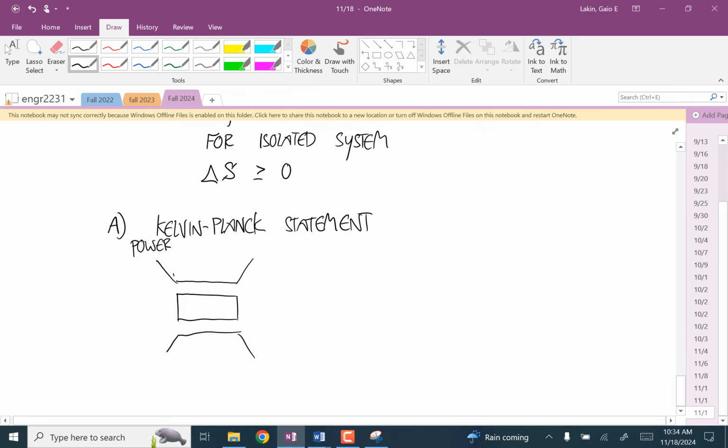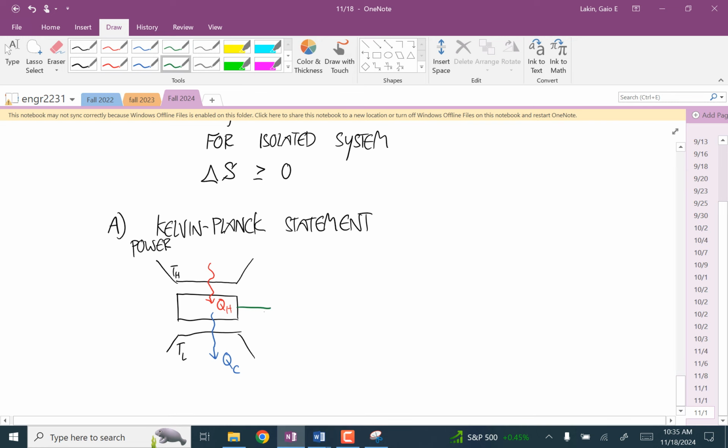So we have a high temperature reservoir and a low temperature reservoir. Heat transfers from the high temperature to our system. That's our QH. And so that's positive in the direction shown. And then QC leaves our system to the low temperature reservoir.